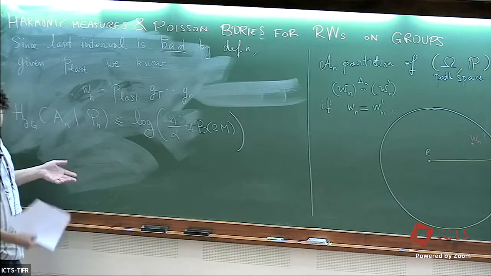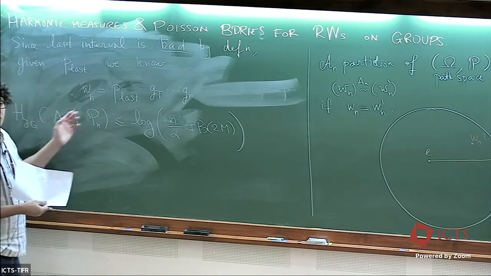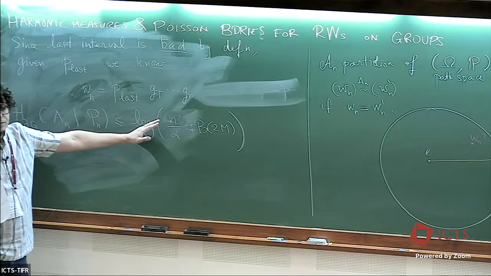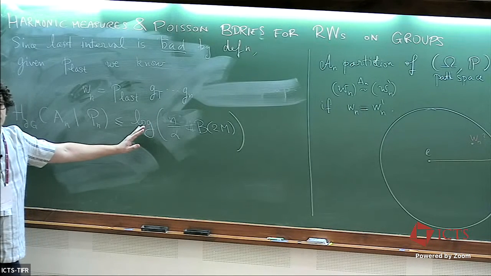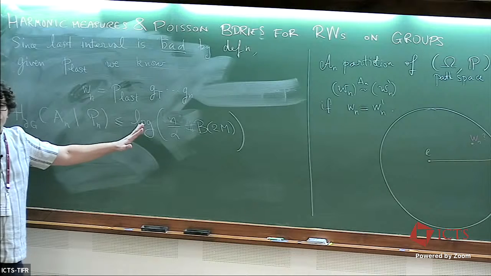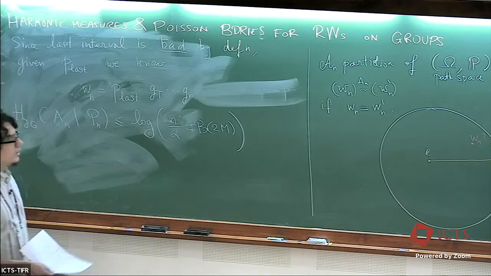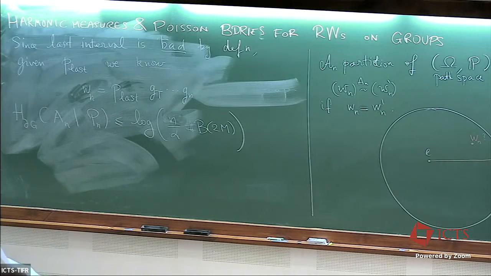Because remember that the upper bound for the entropy is the log of the cardinality. So that's it. Can you still follow the proof so far? So for this part, we did prove this part of the lemma.